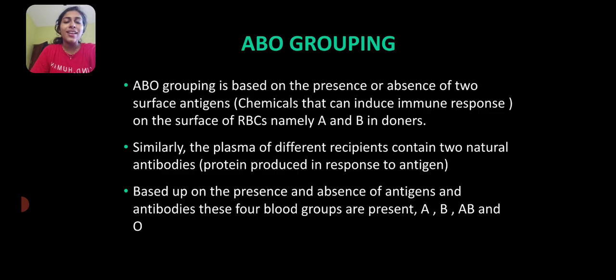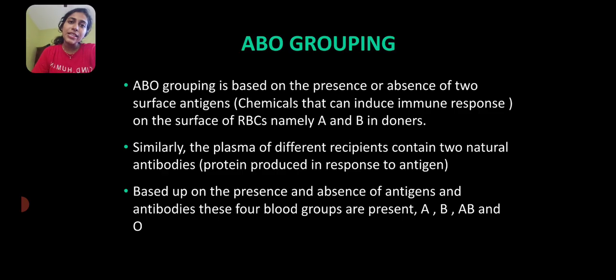Mainly there are two kinds of antigen, antigen A and antigen B. Similarly, a recipient who receives blood from a donor has plasma which produces protein against the antigen, that is, antibody.